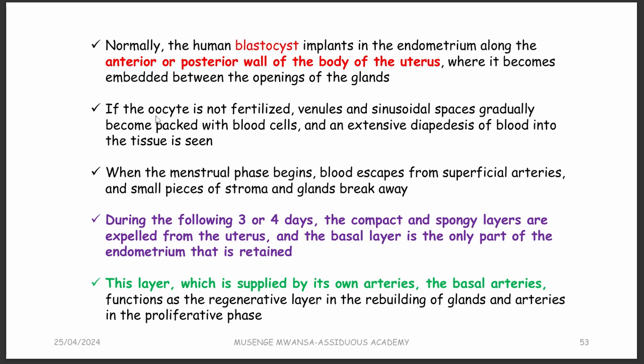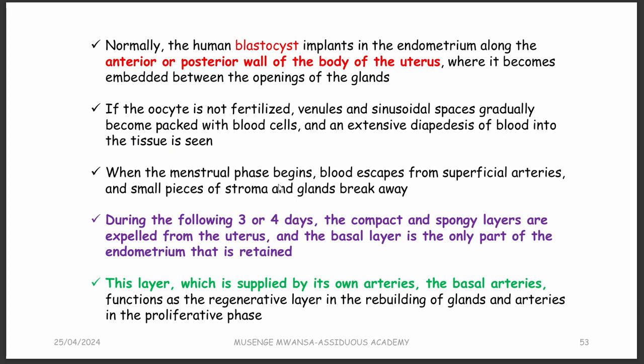Okay, so what else? If the oocyte is not fertilized, then the venules and the blood vessels are going to be packed with blood cells, and then they are going to undergo extensive diapedesis. You know, diapedesis, this is basically movement of blood into tissue.